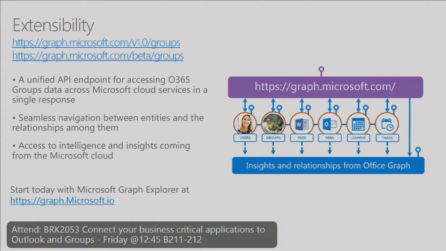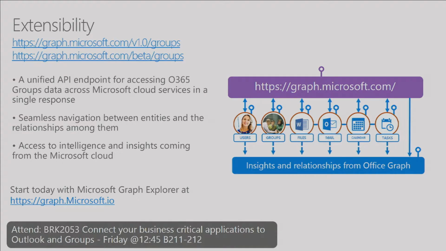What that means for this session is that it's a unified endpoint for accessing the data that backs Office groups, whether that be files in SharePoint, messages and conversations in Outlook, tasks in Planner, etc. And not only is it the way to access the data in those services, it's about accessing the relationships between the people and the groups. It's more than just the data. It is a true graph in that sense.